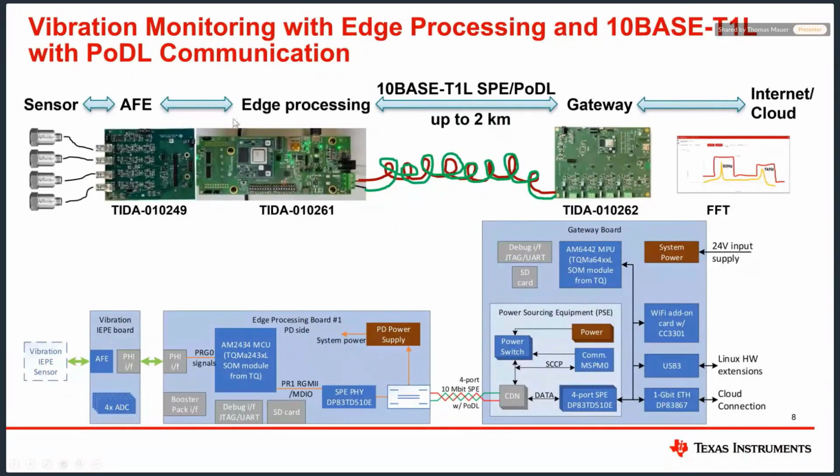This is what you have at the machinery, and then you do the data communication and powering over the single pair Ethernet wire, and this can be up to 2 kilometers. And then we have a gateway board which collects the information and makes it available to the internet or to the cloud or to the operator.